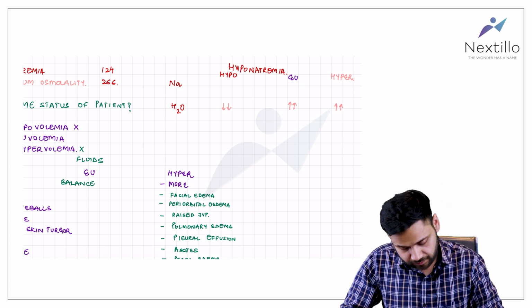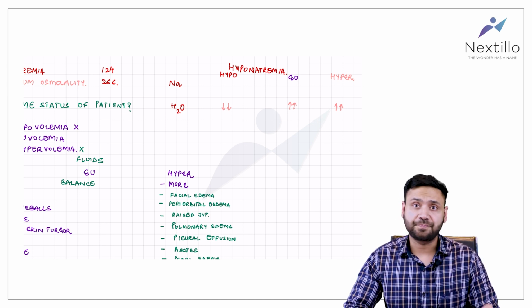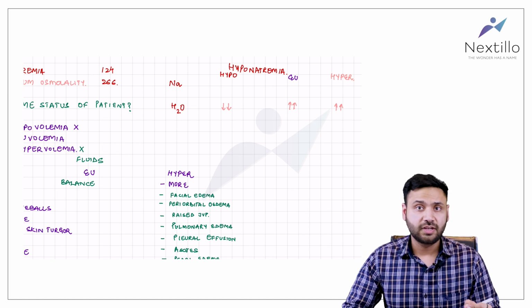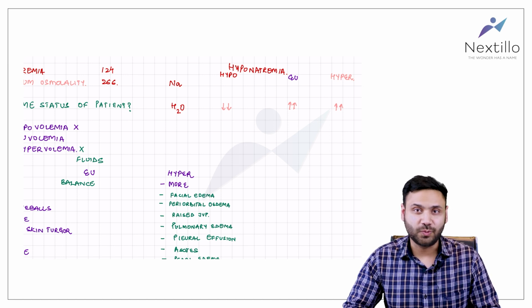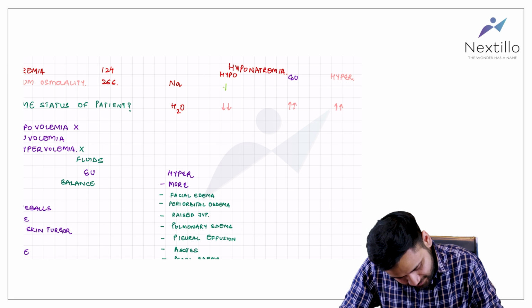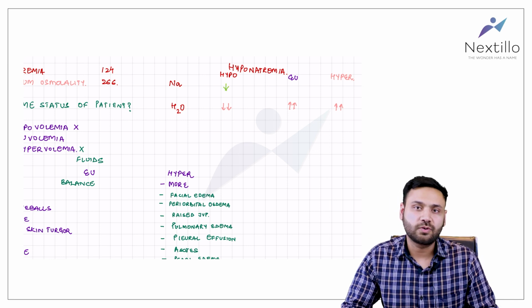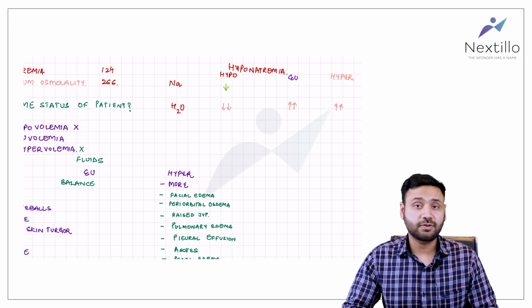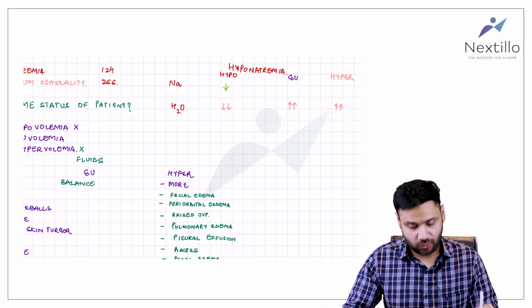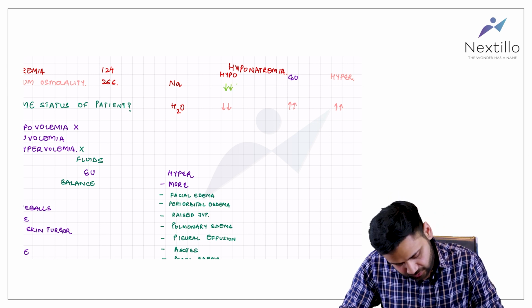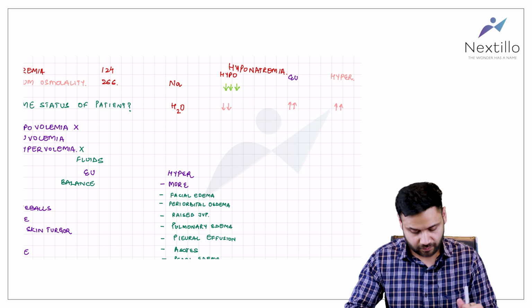If it's hyponatremia and the water is less, how should the sodium be? It should be low. If the water is low, the sodium is also low. But the amount of sodium is much lower in comparison to water. That is why there is hyponatremia.